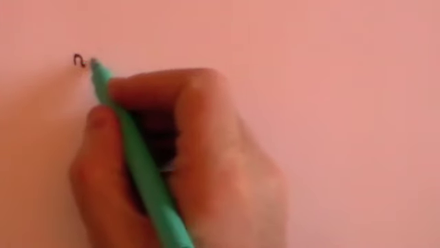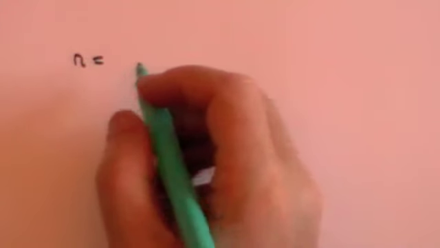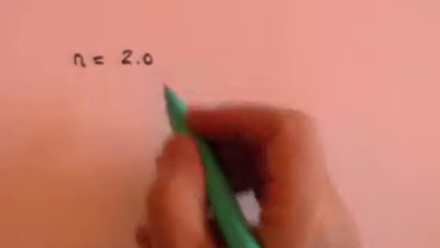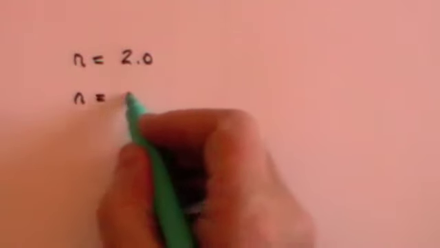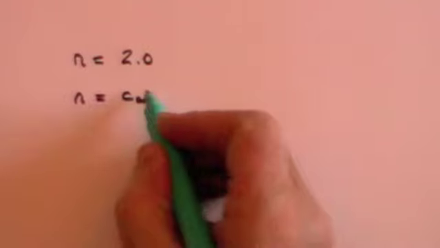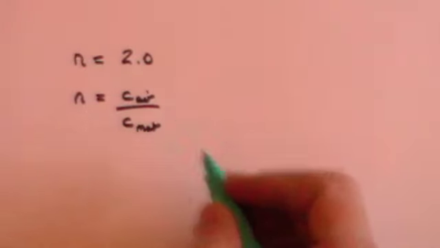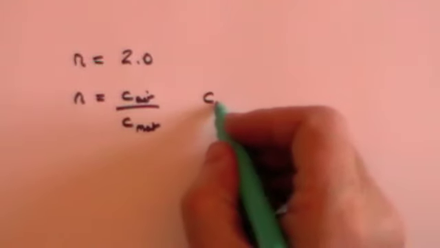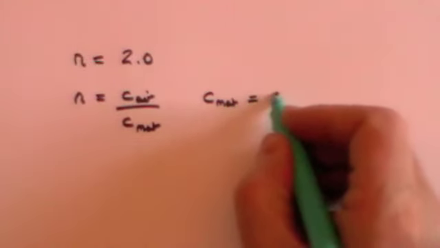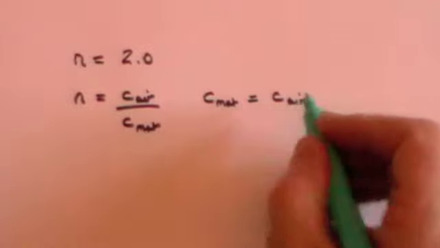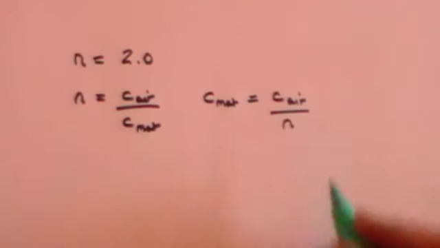So here's an exam question. The refractive index of a particular material, not telling you what it is, is 2. What is the speed of light in that material? Well, it couldn't be simpler. We know that n is equal to the speed of light in air divided by the speed of light in the material. Rearrange that, you get that the speed of light in the material is equal to the speed of light in air divided by the refractive index.